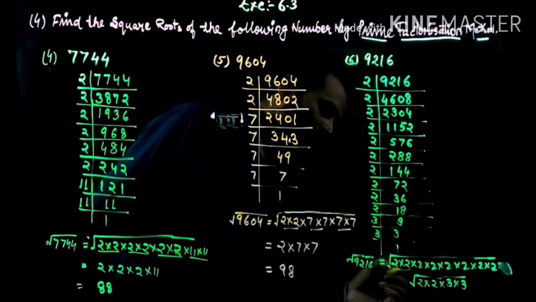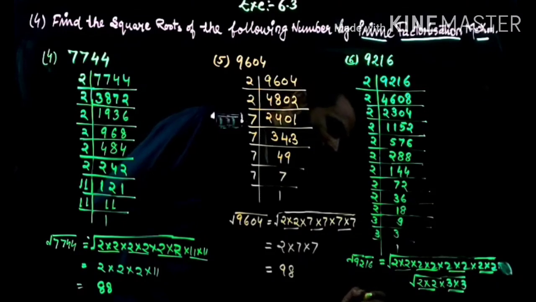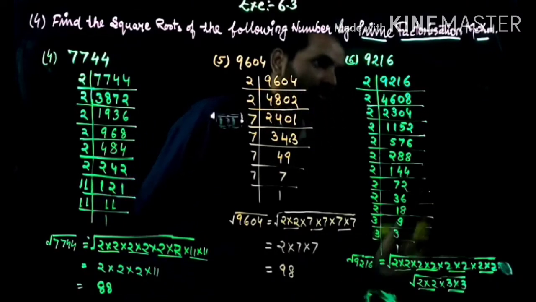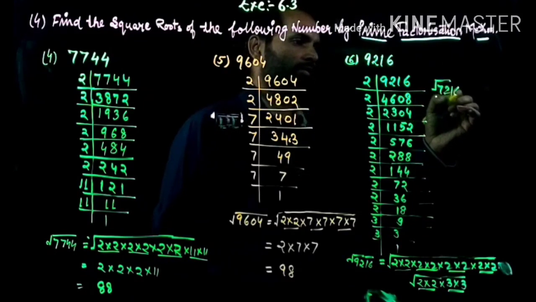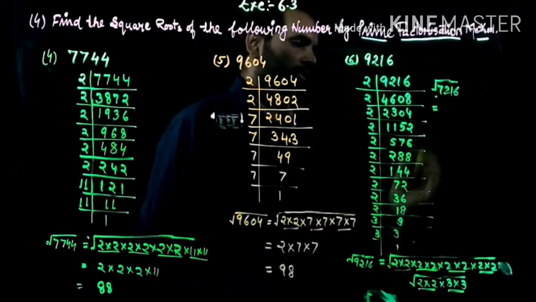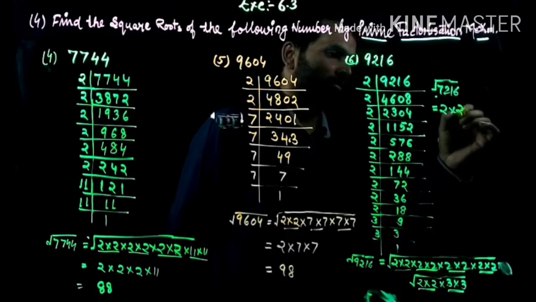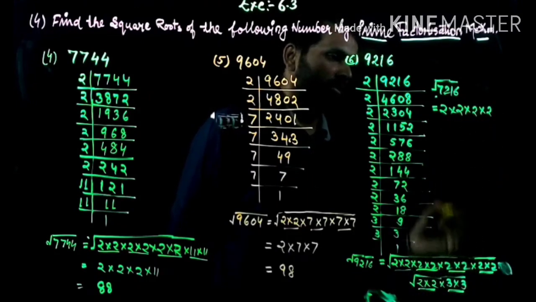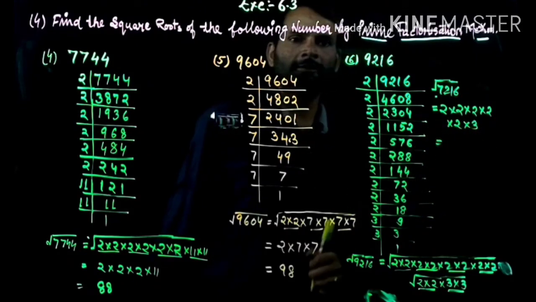Make pairs: first pair, second, third, fourth, fifth, and a 3 3 pair. To write the answer: the root of 9216 is equal to 2 into 2 into 2 into 2 into 2 into 3.